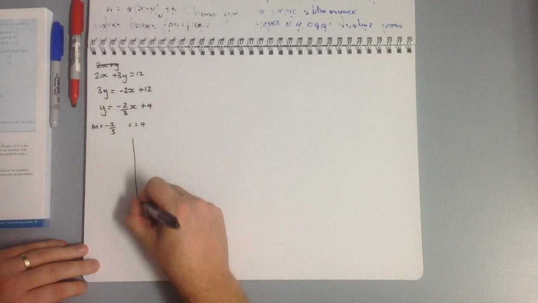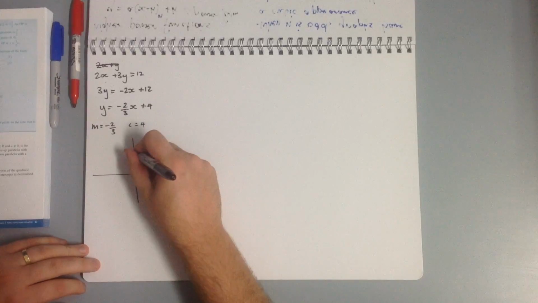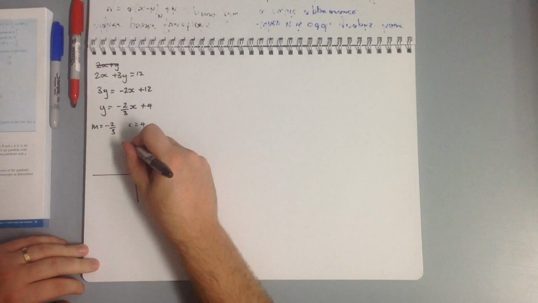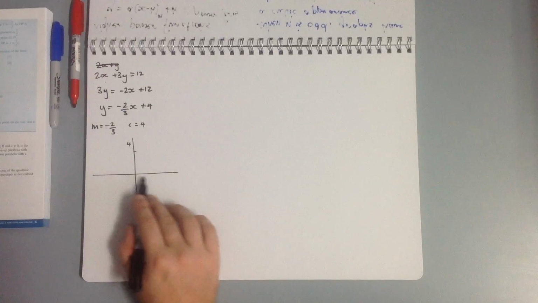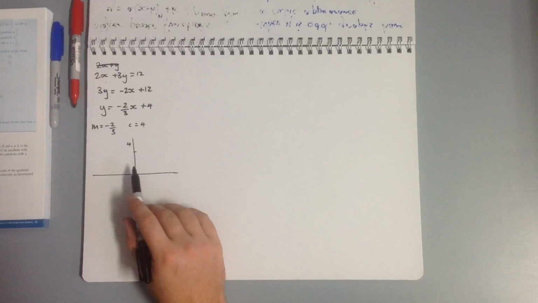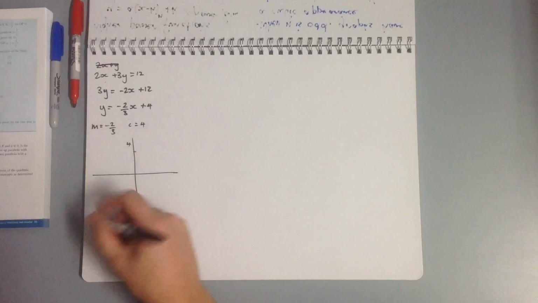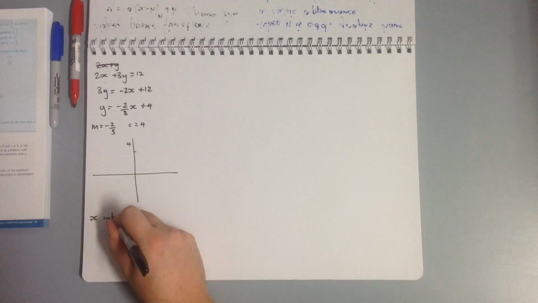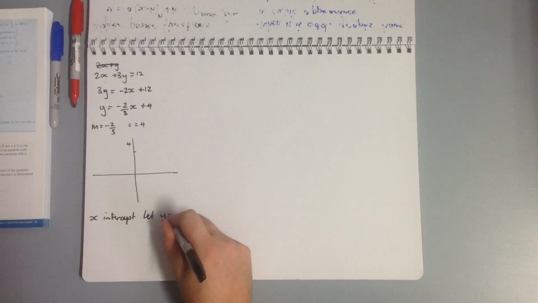So we want to graph this. We're going to be up at 4. So our negative 2/3 means for every 1 across we come down 2/3. It's a little bit of a pain. So the easier way to do it is actually find our x-intercept, and that's when we let y equal 0.